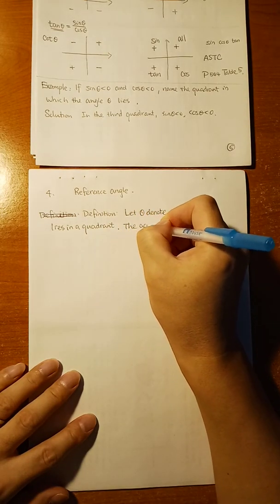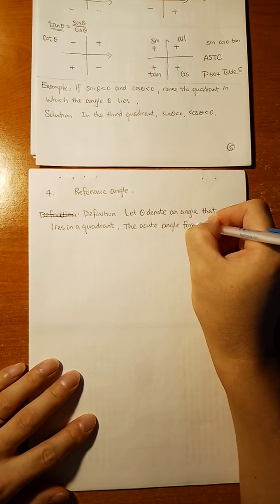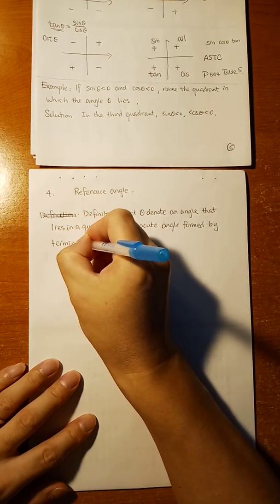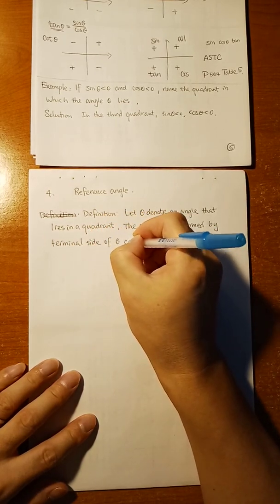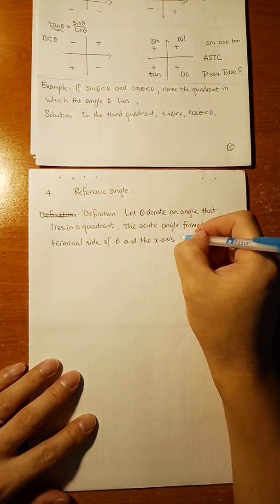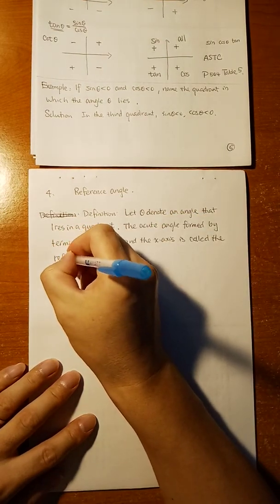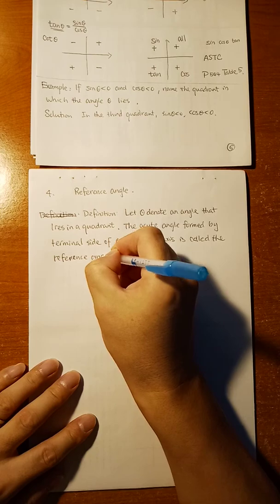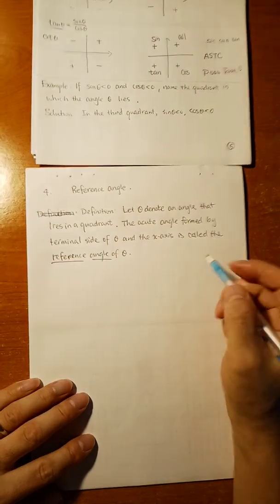The acute angle formed by the terminal side of theta and the x-axis is called the reference angle of theta. So that's a name. That's a definition.